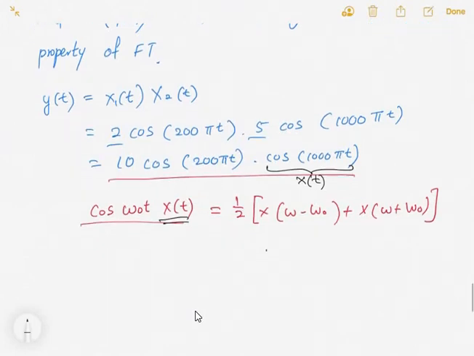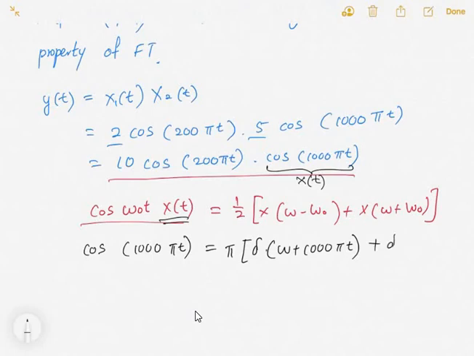Now, the Fourier transform of cos 1000 pi t is equivalent to pi times delta(omega plus 1000 pi) plus delta(omega minus 1000 pi).